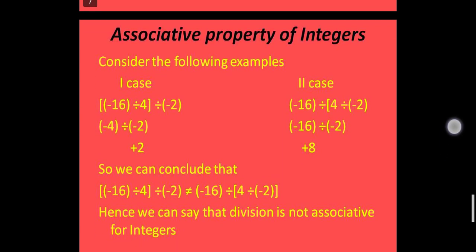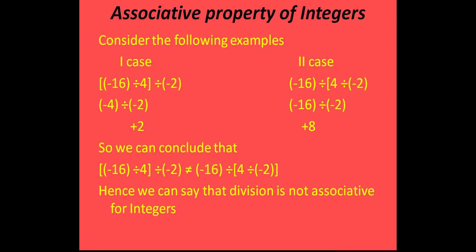Next, I will go to associative property of integers. Consider the following examples. In the first case, I will take minus 16 by 4, then divided by minus 2. I will get minus 16 by 4 is equal to minus 4, divided by minus 2 is equal to plus 2 I got in this case. In the second case, minus 16 I will take outside, divided by bracket 4 divided by minus 2.